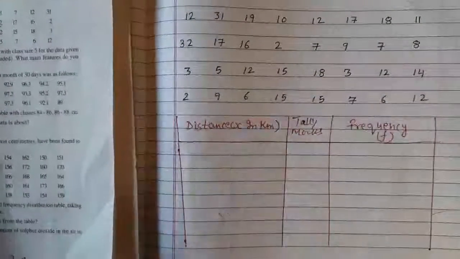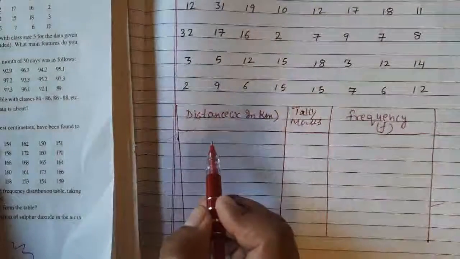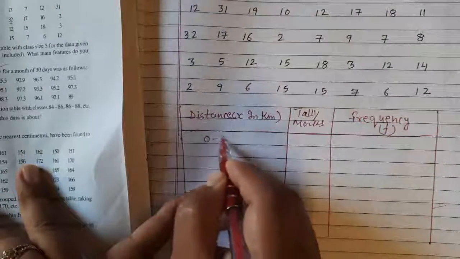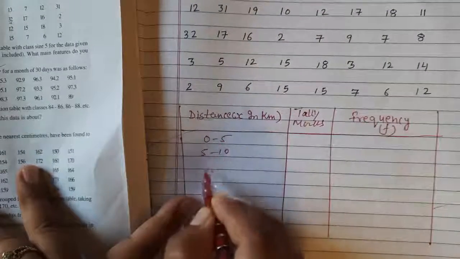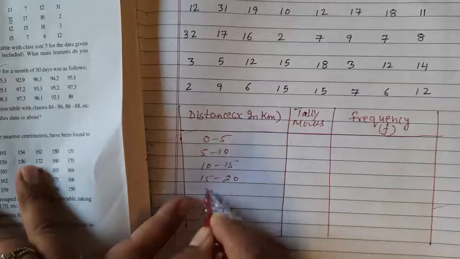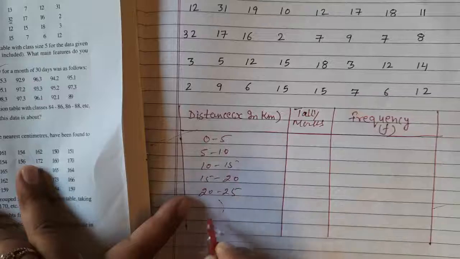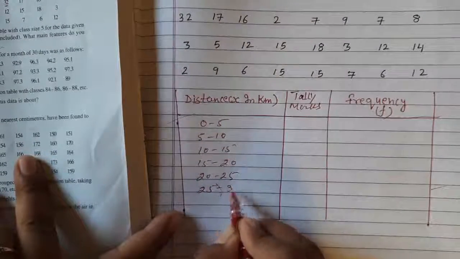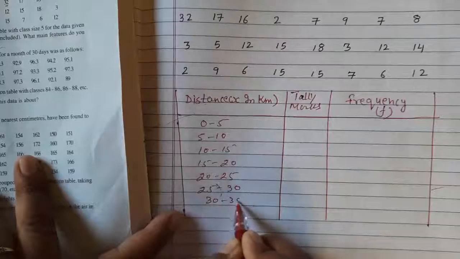As it is given in the question, we have to break it into 0 to 5, 5 to 10, and the lowest is 2 and the maximum is 32. So we will make 0 to 5, 5 to 10, 10 to 15, 15 to 20, 20 to 25, 25 to 30, and 30 to 35.